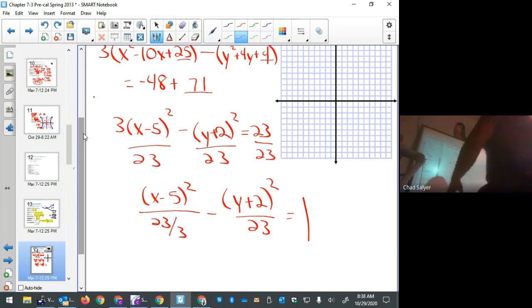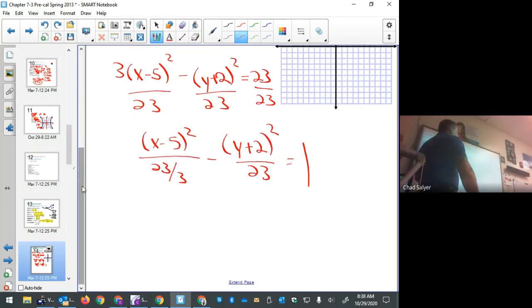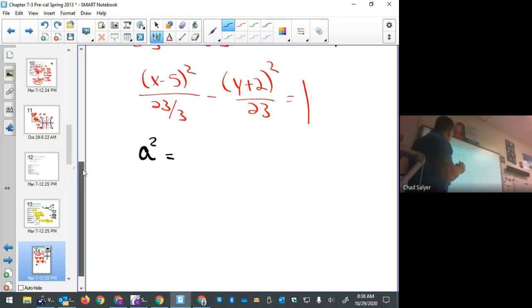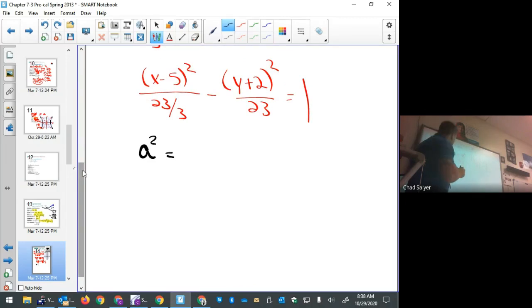So let's find our A, our B, our C, our H, and our K. That's all we need to know to populate all those characteristics. So A squared is what, Caitlin? And we're using the textbook formula. The square root of 23.